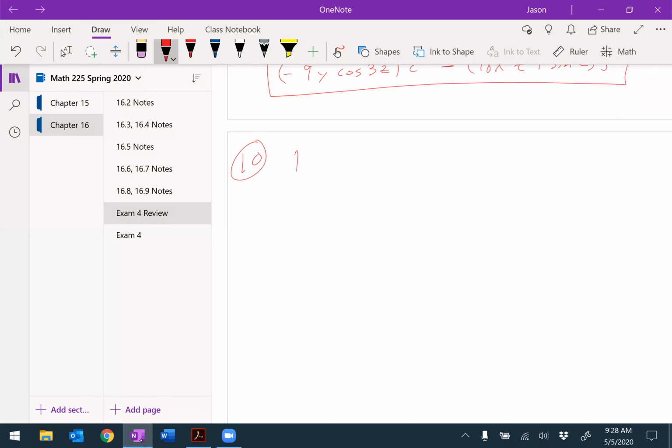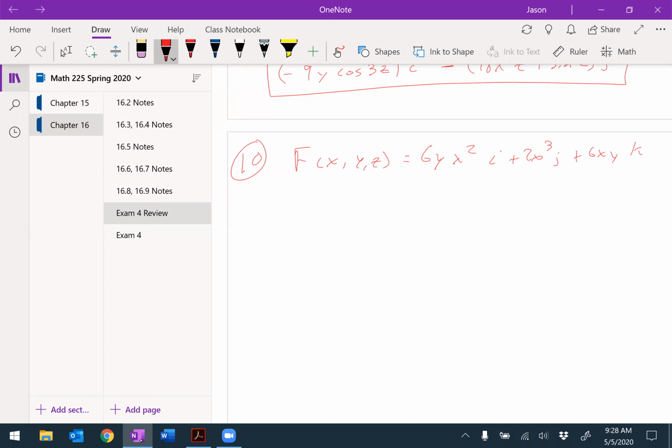F of x, y, z is equal to 6yx squared i plus 2x cubed j plus 6xy k. That's the force field, the vector field we're dealing with.